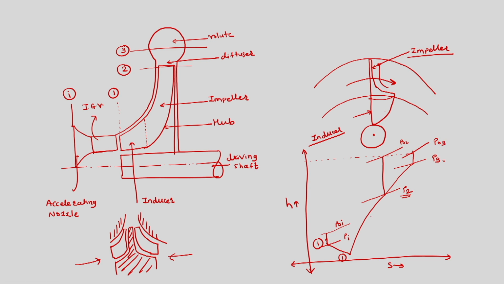So, this is in case of impeller, this is in case of diffuser, and this is for the accelerating nozzle and guide vane, plus inlet guide vane. It is not compulsory to have an inlet guide vane for a centrifugal compressor.